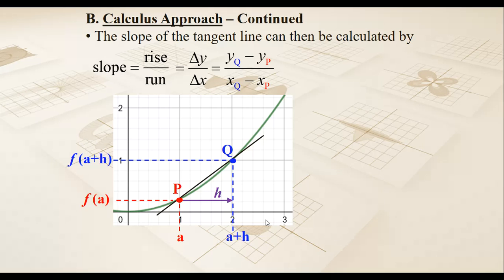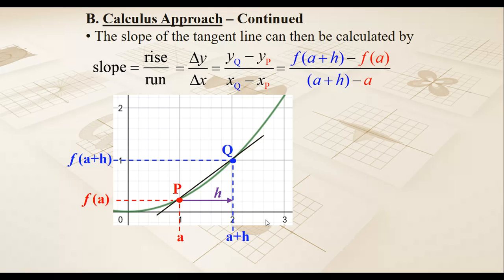And what I'm going to do now is replace the yq, yp, xq, xp with the variables that you can actually see on the diagram. So this would turn the equation into, okay, what's the y coordinate of point Q? Well, it's the function evaluated at a plus h. Subtract, what's the y coordinate of point P?